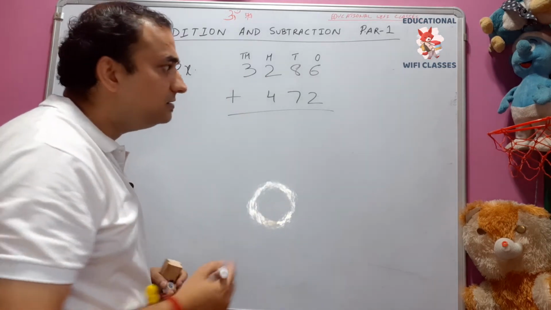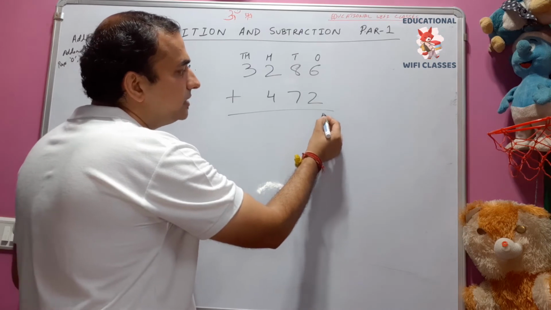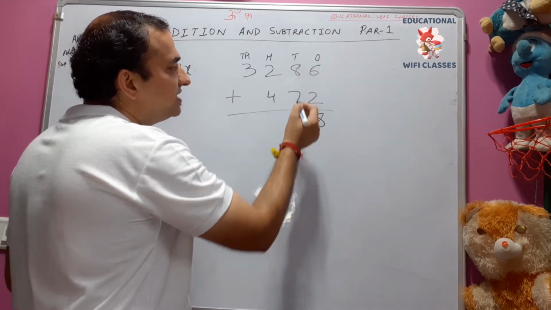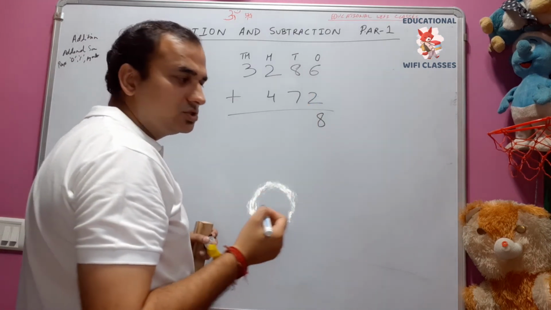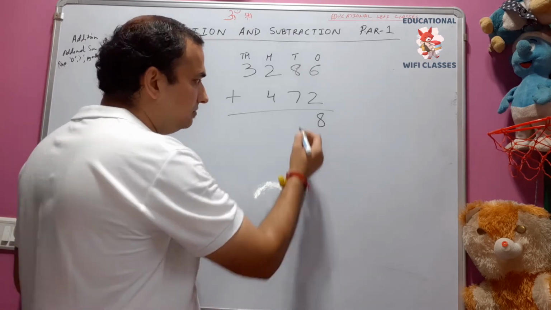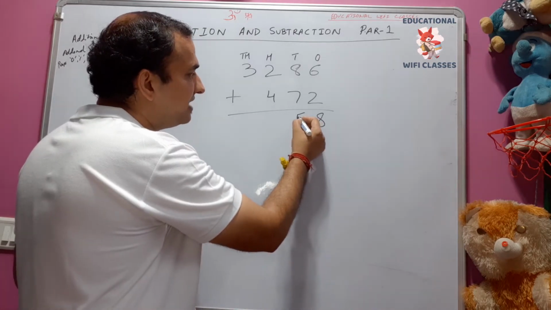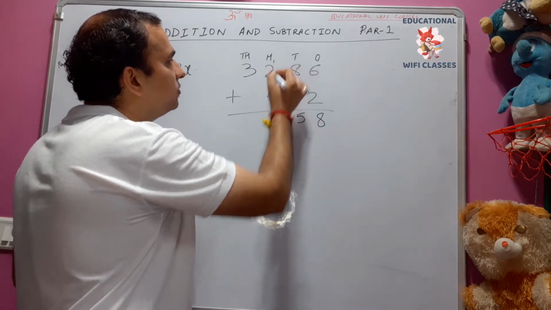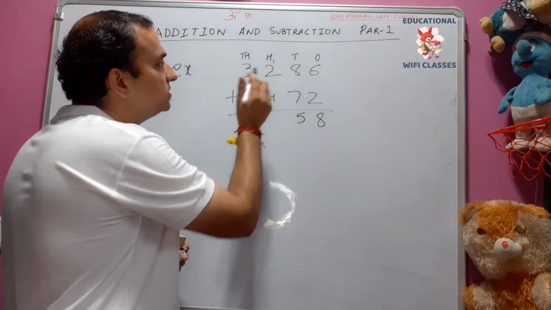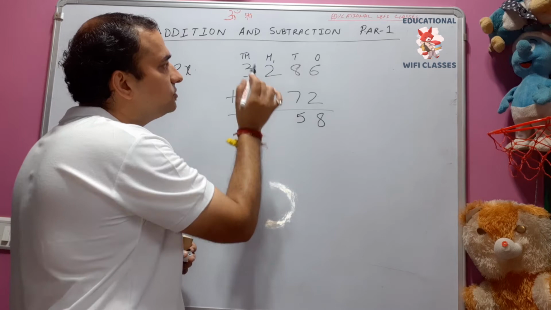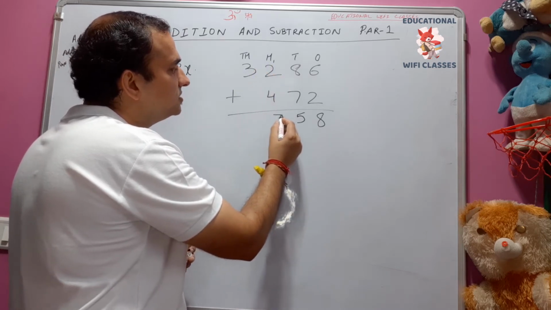So now we will add 6 plus 2 is equal to 8. 8 plus 7 is equal to 15. So it's a double digit number. On the units place is 5, so we keep the 5 over here and 1 is carried over. Then 2 plus 1 is equal to 3, 3 plus 4 is equal to 7.